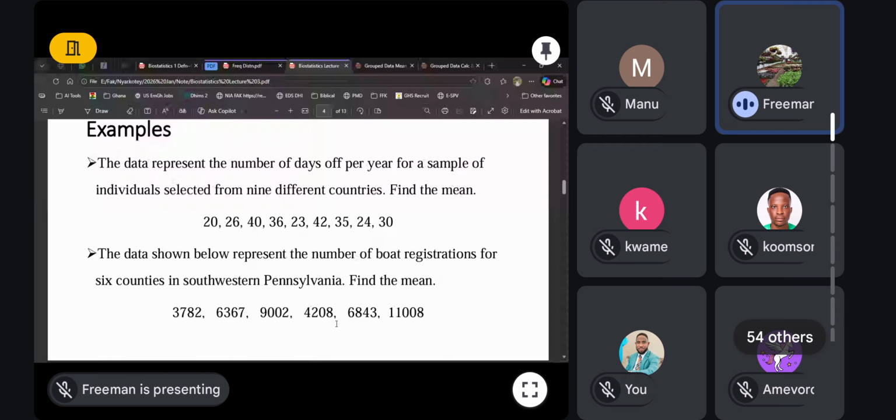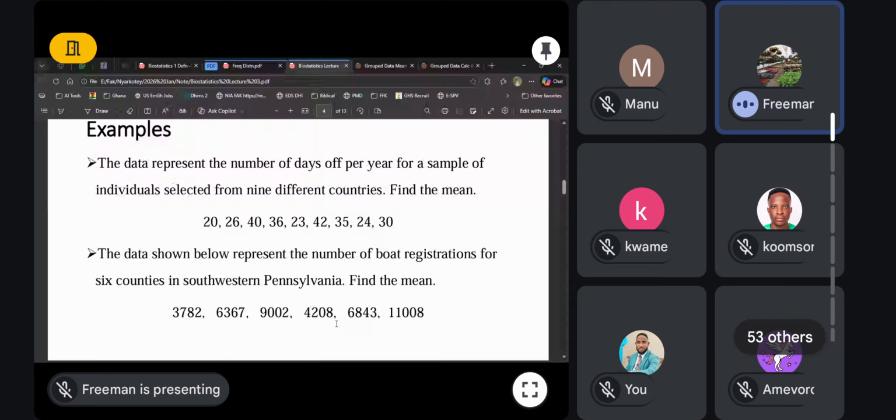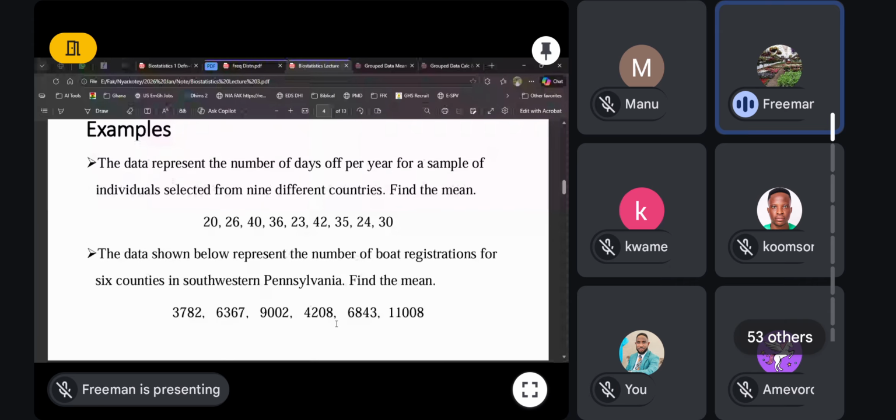Here 11,000 may not be too much of an outlier, but assuming we have something like 20,000 or 40,000 as one of the values, obviously that number is too large. If you use it to calculate the mean and then use the mean to take any decision, you are going to have a wrong representative for the whole set of numbers. You are going to get something higher than what would have been appropriate.